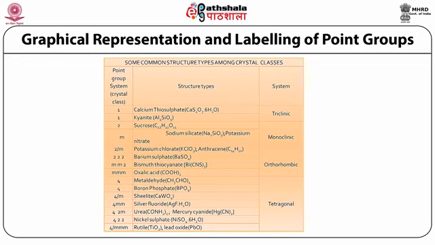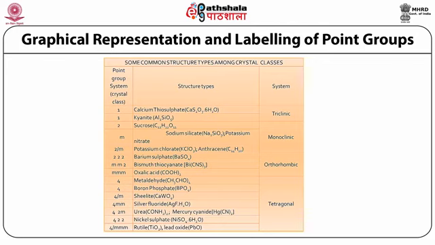Corresponding to 222, the structure is barium sulfate, whose chemical composition is BaSO4. It falls under the orthorhombic system. In the same system, we have the crystal class mm2. The example of this structure is bismuth thiocyanate, represented by its chemical composition as Bi(CNS)3. It also belongs to the orthorhombic system.